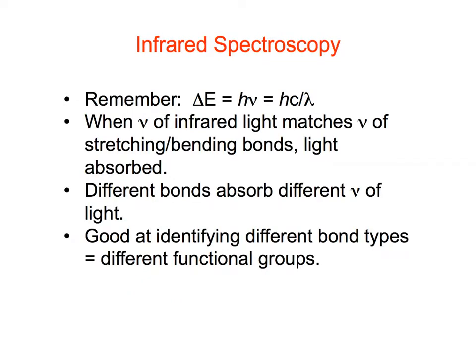So the basic thing with IR is that, well, we know that delta E equals h nu equals hc over lambda. The important thing is that the energy of the light, or the frequency of the light, matches the same frequency by which bonds tend to vibrate or bend.